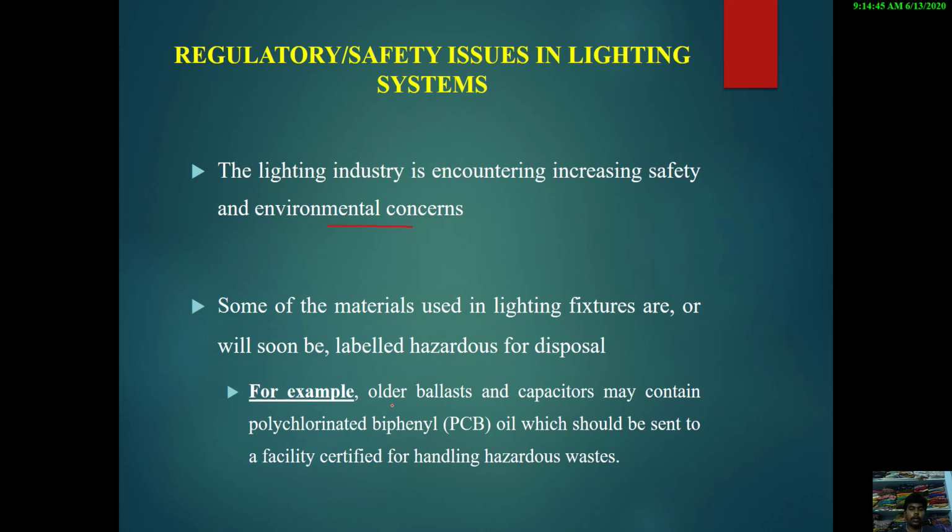For example, older ballasts and capacitors may contain polychlorinated biphenyl oil, in short denoted as PCB, which should be sent to a facility certified for handling hazardous waste and for disposal or for recycling.